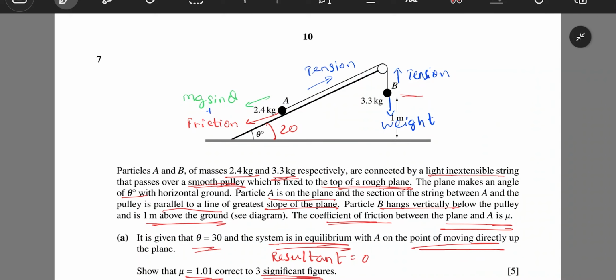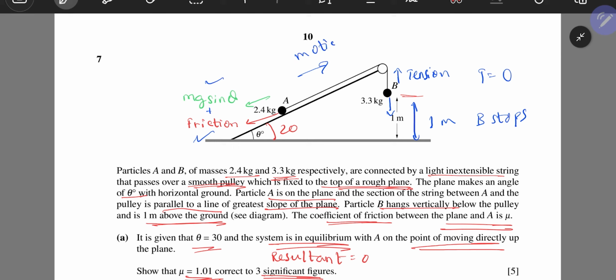But we know that B will eventually come to a halt since it's moving a height of 1 meter. So after traveling 1 meter, B will stop. B stops. And when B stops, the tension is no longer present. So T is equal to 0. And when T is equal to 0, the only forces acting on A are mg sine theta and friction. Both are opposing the motion.